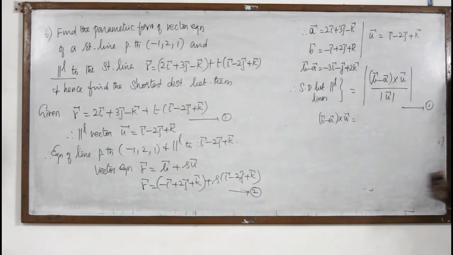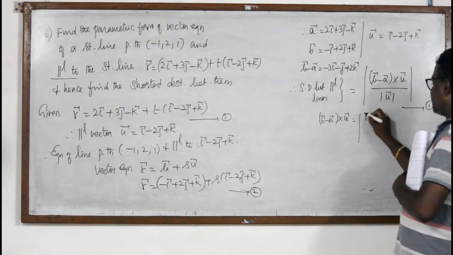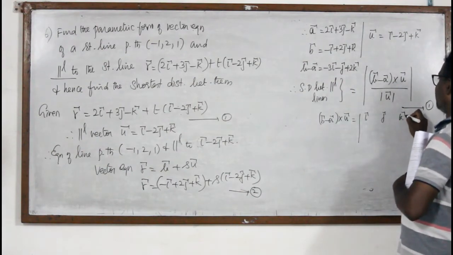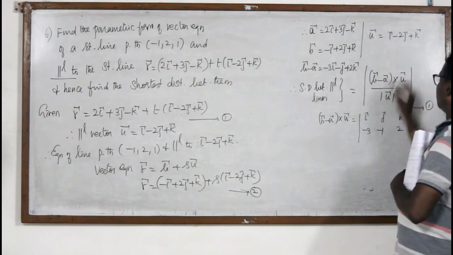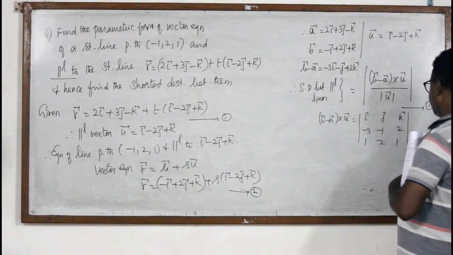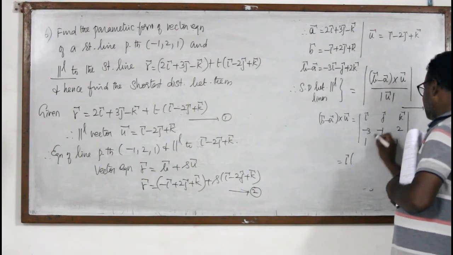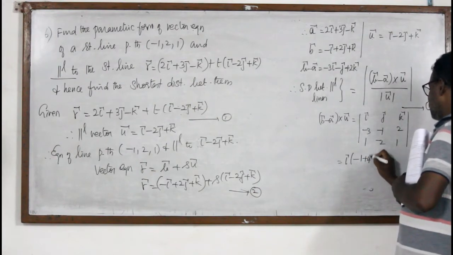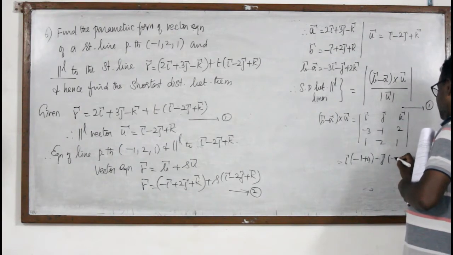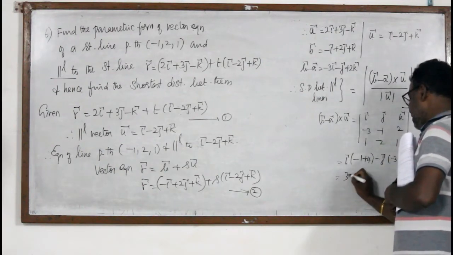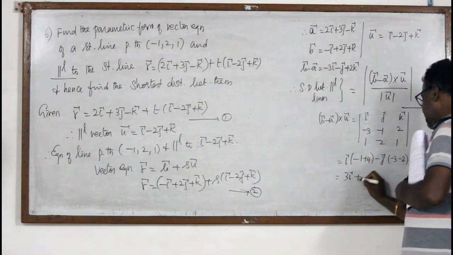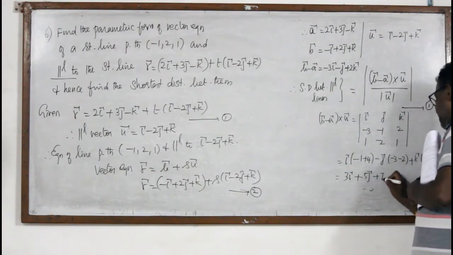That is the determinant i, j, k. b minus a is minus 3, minus 1, 2. The u vector is 1, minus 2, 1. It is i into minus 1 plus 4, minus j into minus 3 minus 2, plus k into 6 plus 1. It is 3i plus 5j plus 7k.